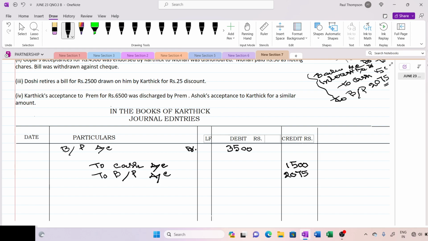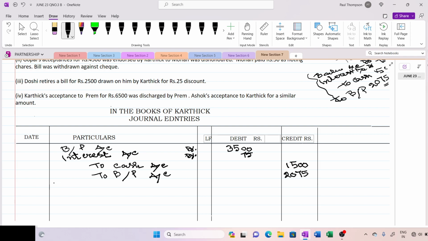Now see the credit side. It is 3,575. So the interest portion you have to make a debit because it is a loss to the company of Karthik. So we are writing everything in the books of Karthik. So it is a loss for that fellow. So we are debiting 75 rupees here.